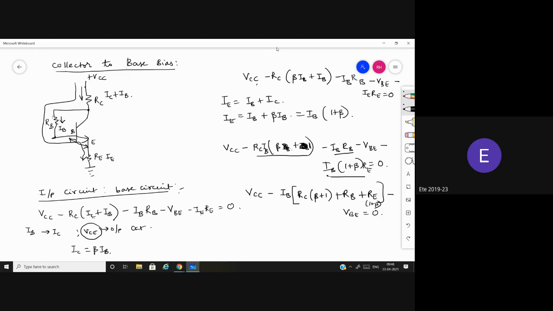And so VCC minus IB, again in these two cases 1 plus beta is common. So we can write it as 1 plus beta into RC plus RE plus RB minus VBE is equal to 0.